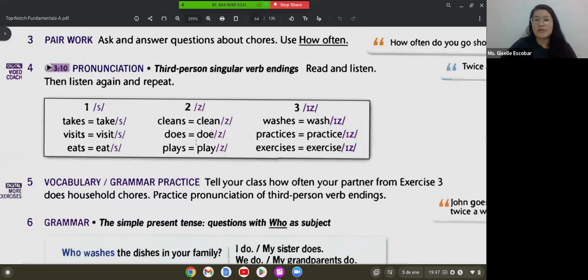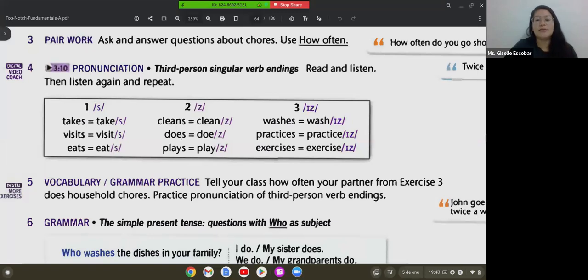No todas suenan lo mismo, independientemente si terminan con S o con ES. Como pueden ver aquí, take cambia a takes. Un sonido de S. Sin embargo, cuando decimos clean, cleans, lleva como un poquito de vibración al final del sonido.